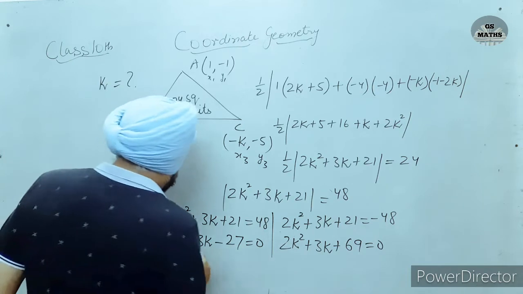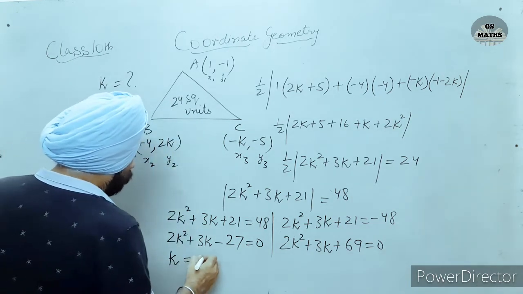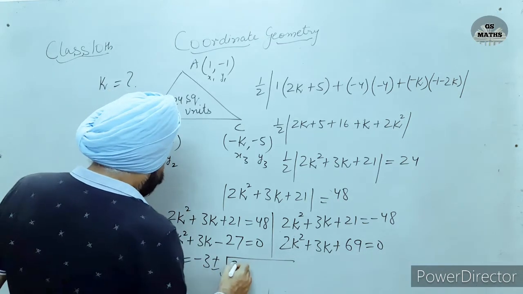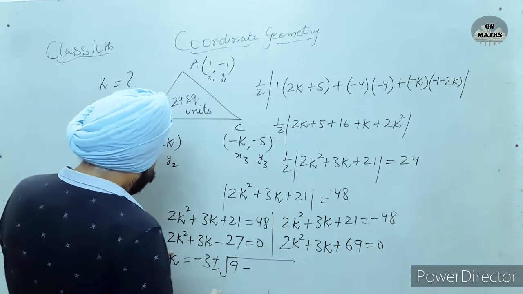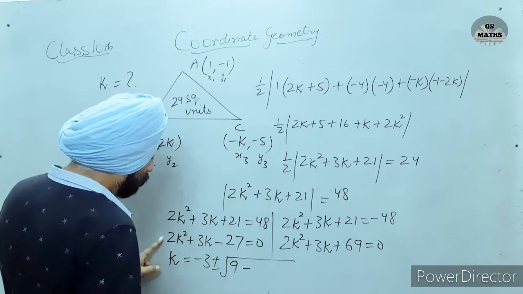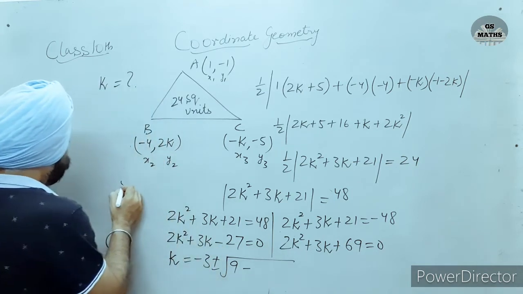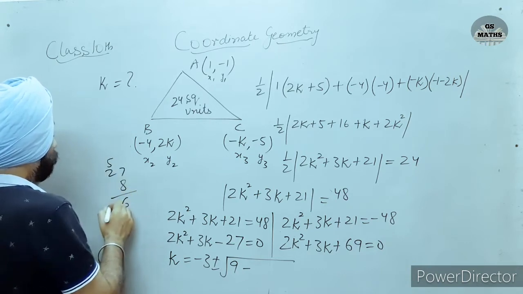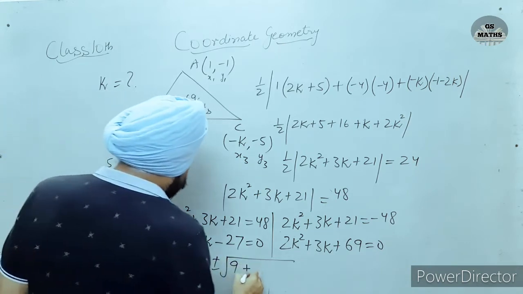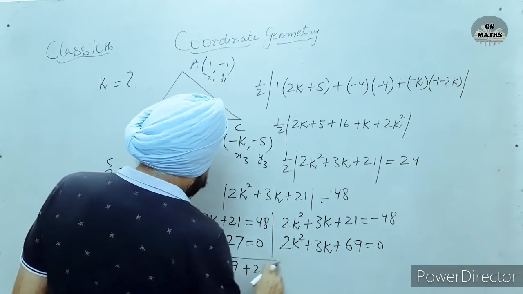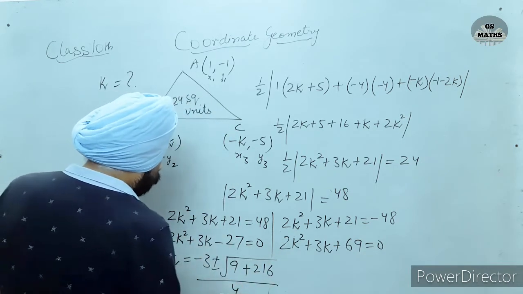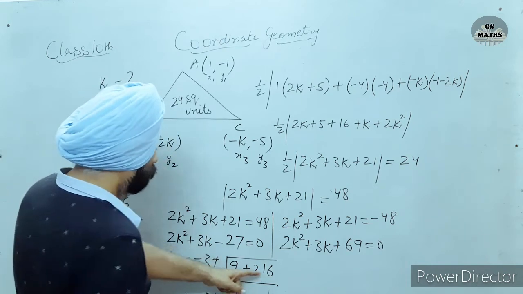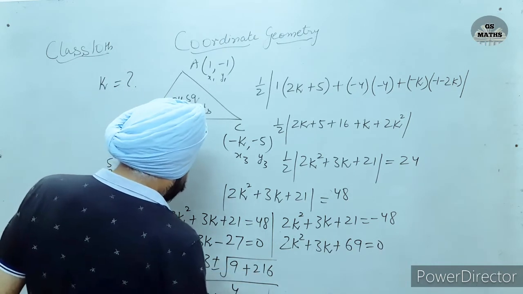Use the quadratic formula. Say this is the formula, k equals minus b plus minus under root of b square minus 4ac, where a is 4, 2 fours are 8, 8 into minus 27, that is minus 216, minus minus becomes plus 216, divided by 2 into a, that is 4, so minus 3 plus minus under root of 225 divided by 4.